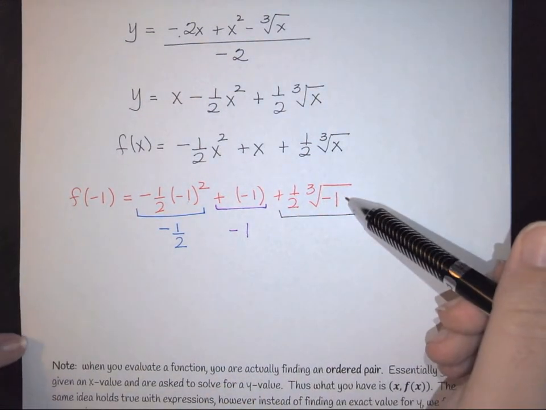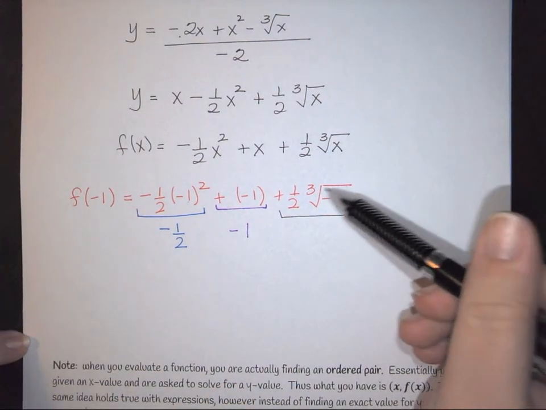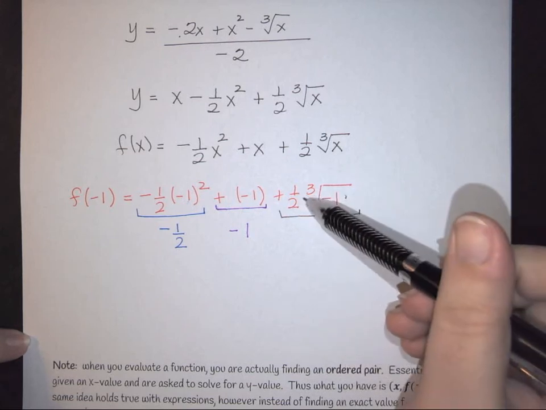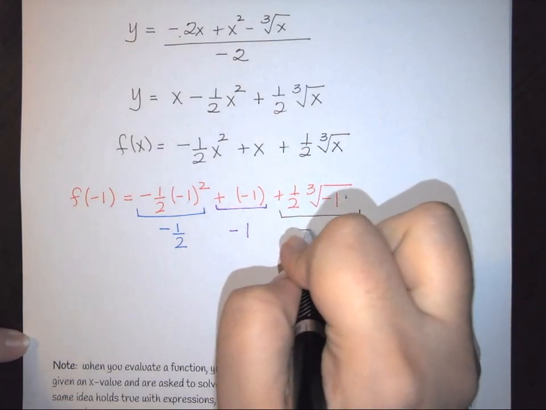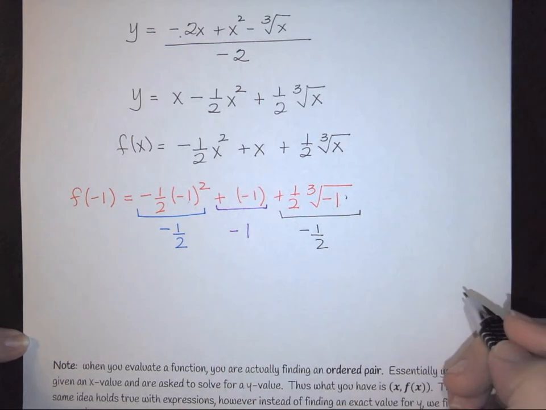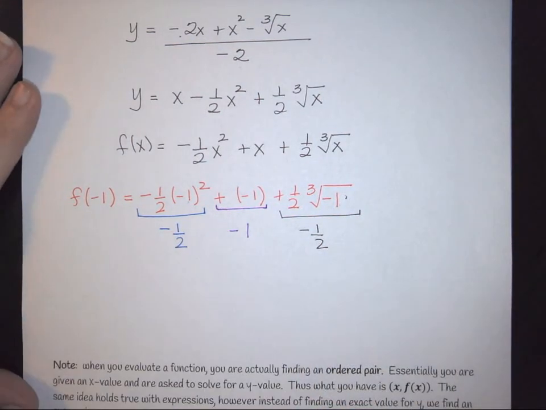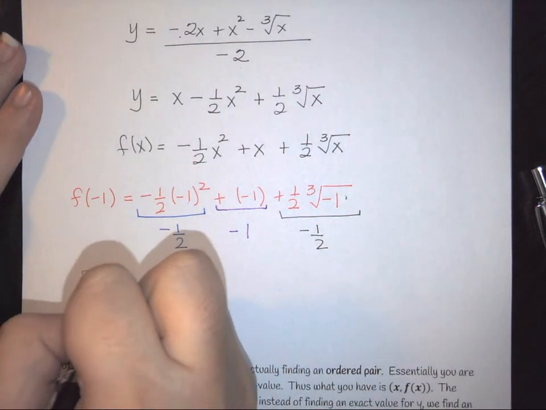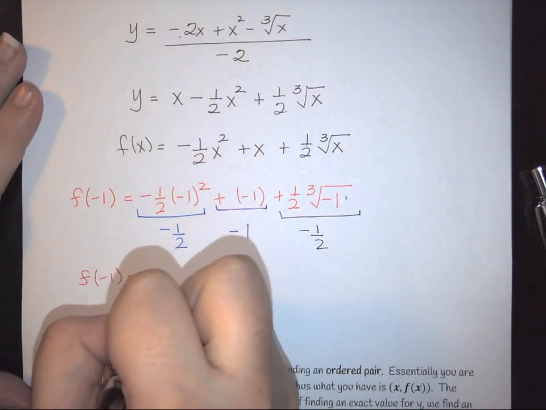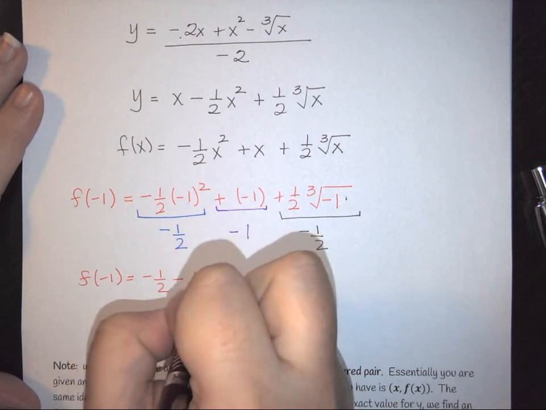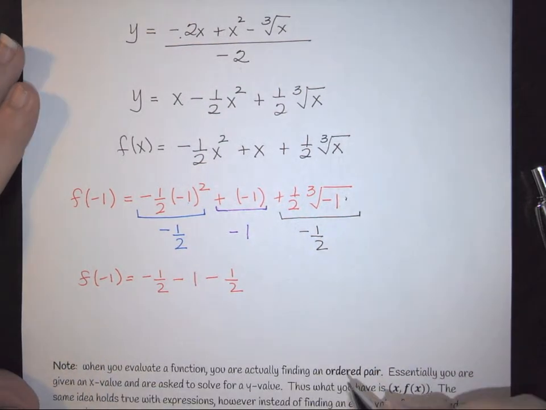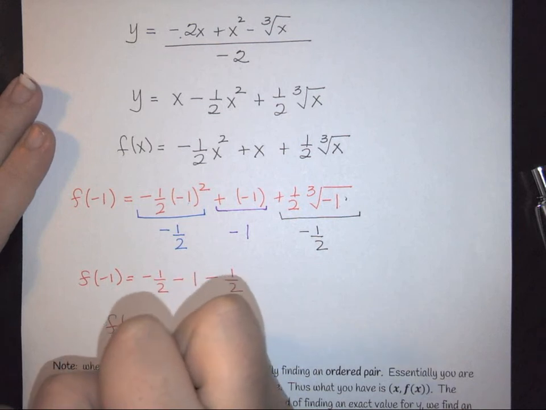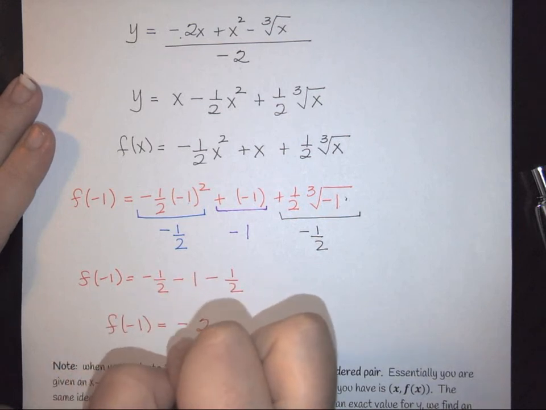When we take the cubed root of negative 1, we end up with negative 1. And then multiply that by 1/2 gives me negative 1/2. So here, if we really pay attention, f of negative 1 is going to be negative 1/2 minus 1 minus another half. So in the end, f of negative 1 is equal to negative 2.